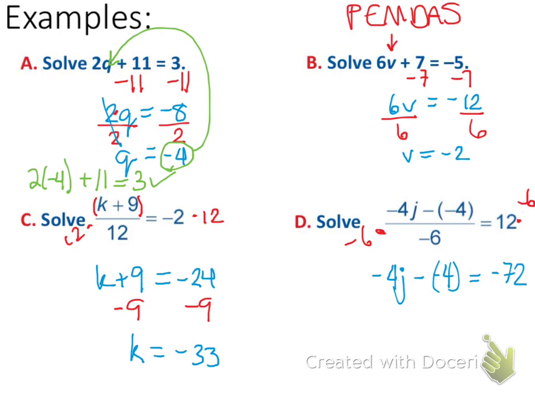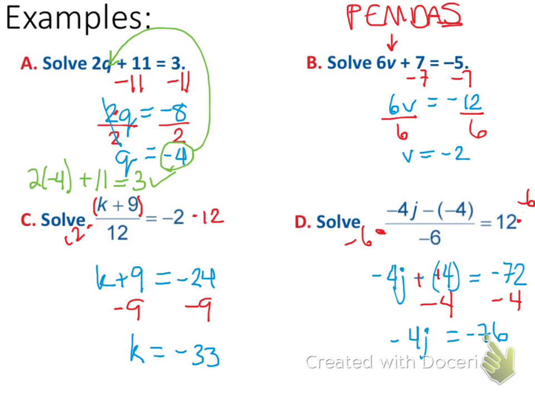Backwards through PEMDAS. I'm looking at the addition or subtraction first. I'm going to keep-change this to make it a little less messy. Now I can see that that's a plus 4. The opposite of plus 4 is minus 4. That gives me negative 4j equals negative 76.